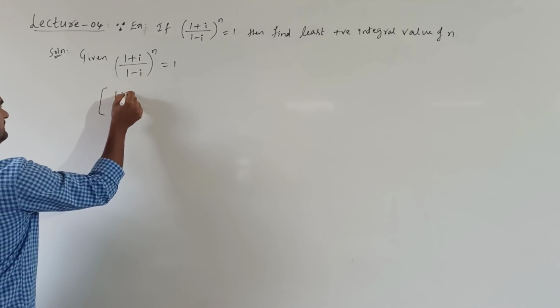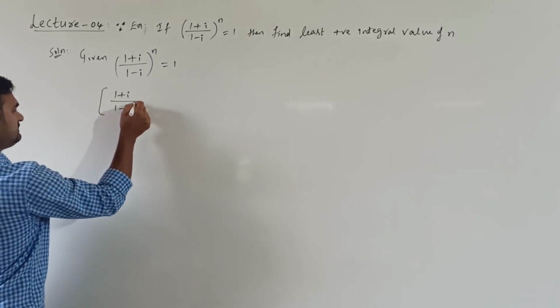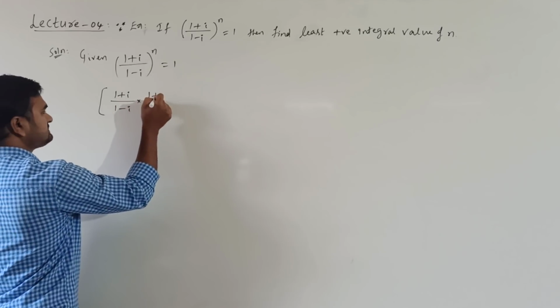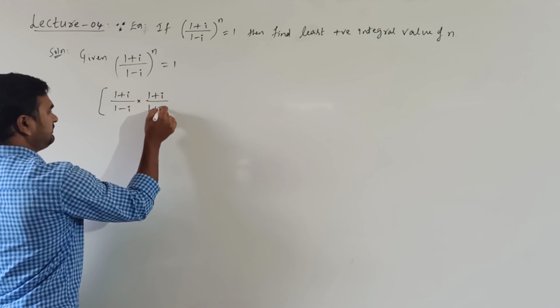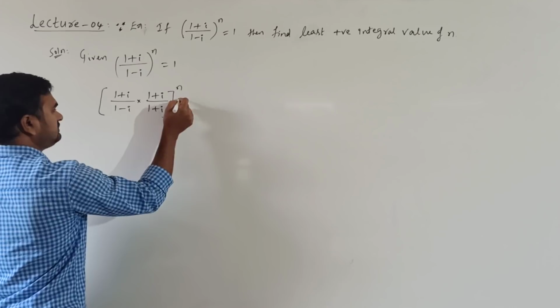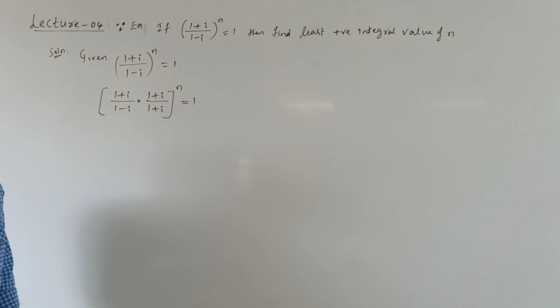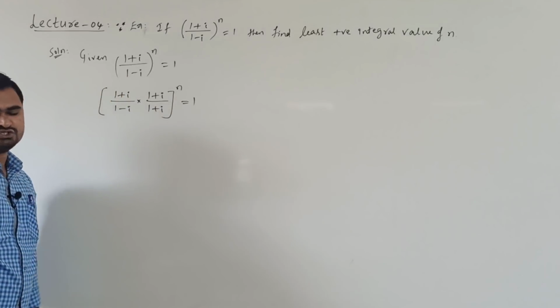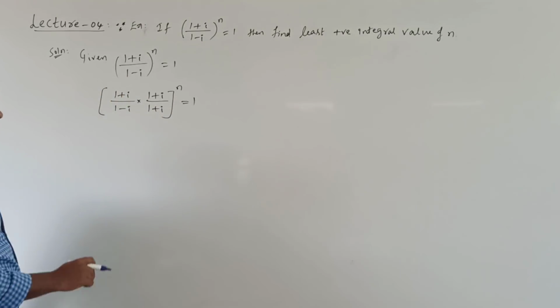We have 1 plus i divided by 1 minus i, multiplied and divided by the conjugate of the denominator, that is 1 plus i divided by 1 plus i, whole to the power of n is equal to 1. Equality is not changed, we are just multiplying and dividing by the conjugate of the denominator.